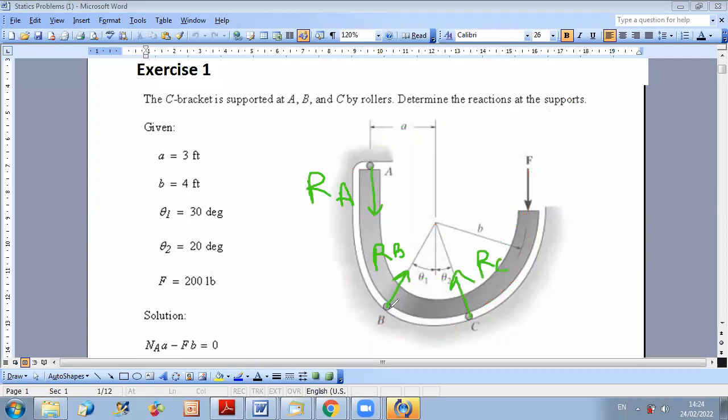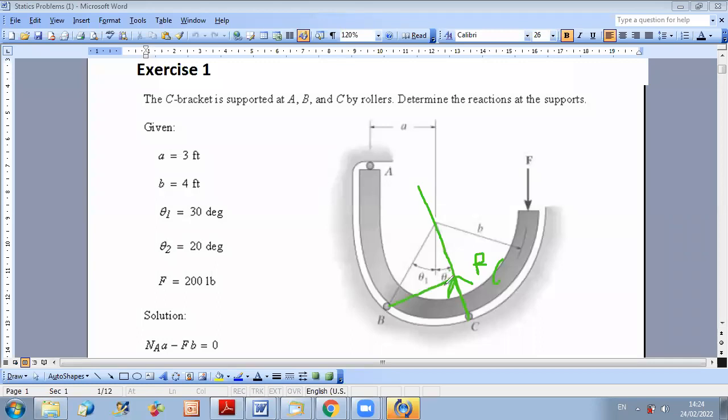If you want to do sum of moments about B, you should decompose RC into two components and get the moment of each of these components about B. Or you should get the distance, which is not very easy to find. If this is the line of action of RC and you want to find the distance from B to RC, you can find it geometrically.